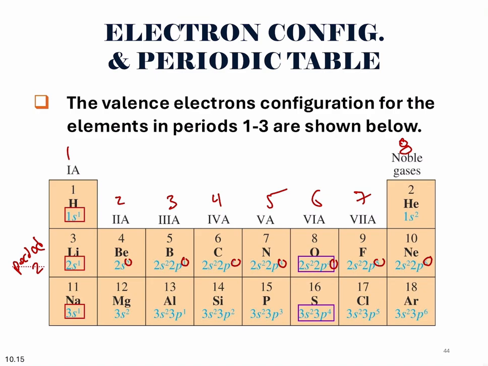Here we have 2 plus 1 gives us 3. 2 plus 2 gives us 4. 2 plus 3 gives us 5, and so on, all the way to fill out the valence shell. So periods are related to the principal quantum number, and groups are related to the valence shell, or the outermost shell of that sublevel for the atom.